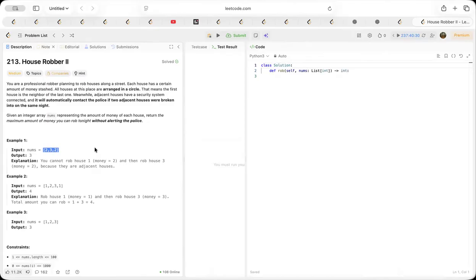Based on that, you can see whether it can be robbed.